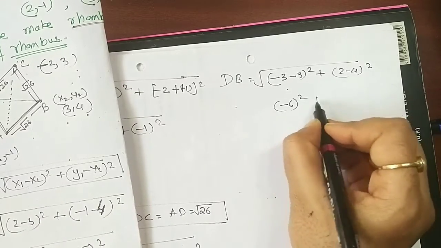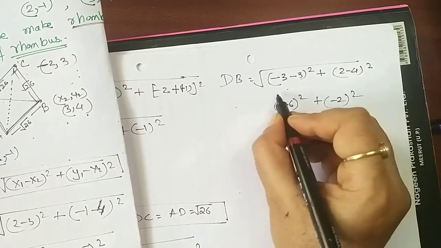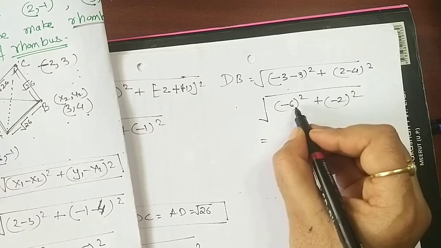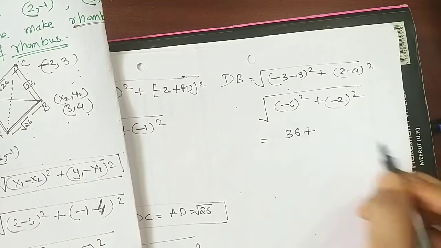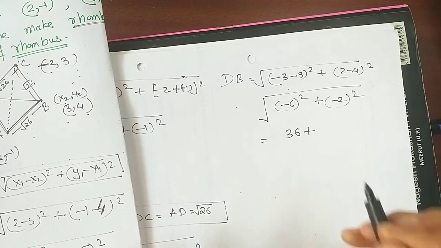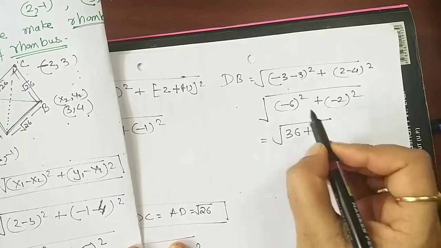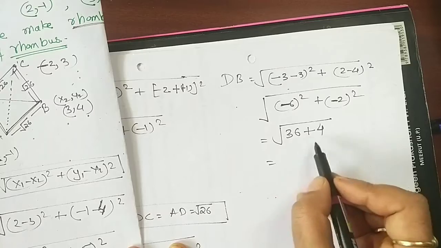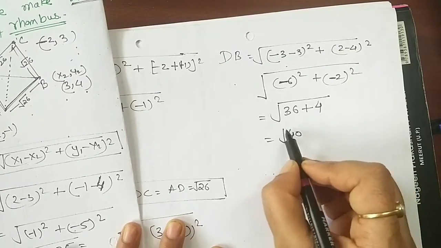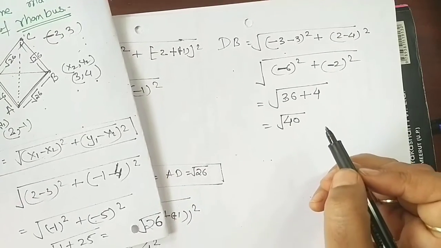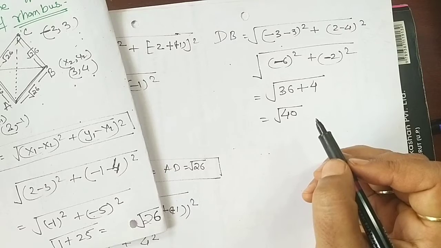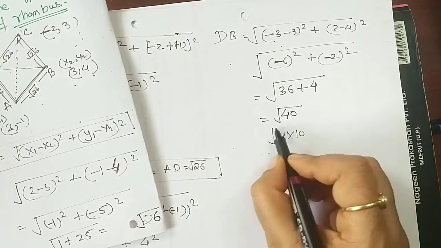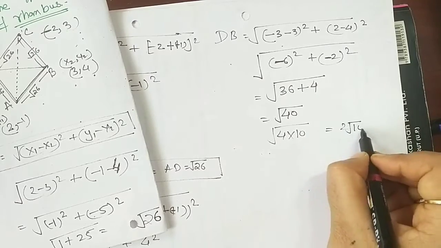Minus 6 square plus minus 2 square. Correct? What is this, guys? This is 36 plus 4. Okay, because minus will become plus and minus will become plus. 36 plus 4 is 40. Okay, so can I write it 4 into 10 under root, which is 2 root 10.